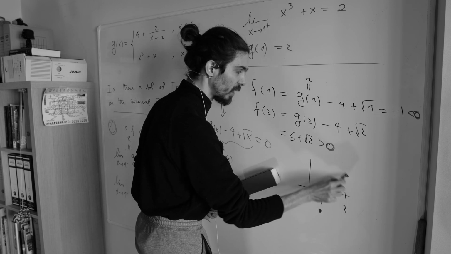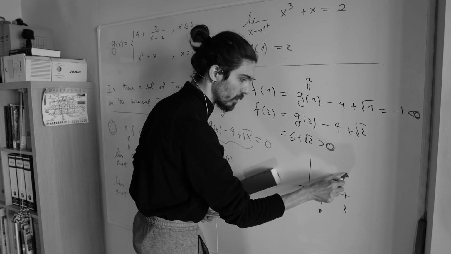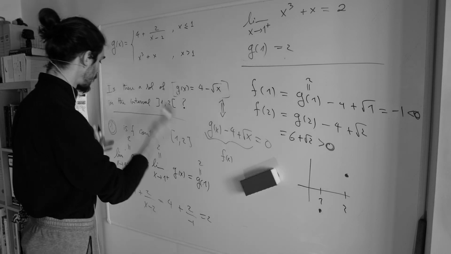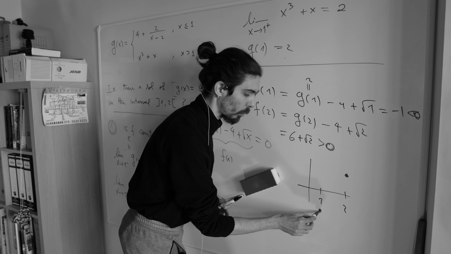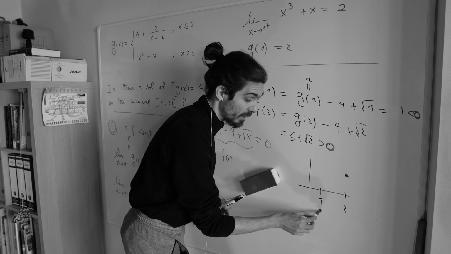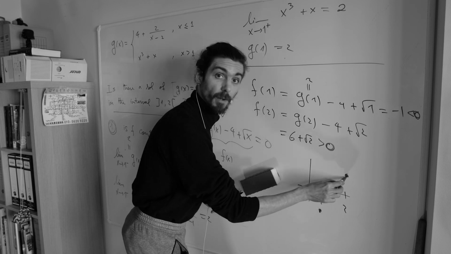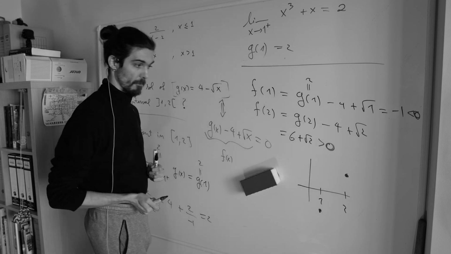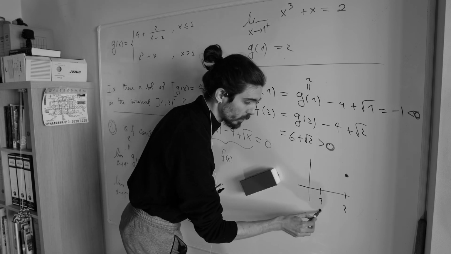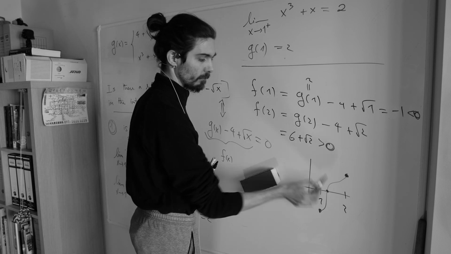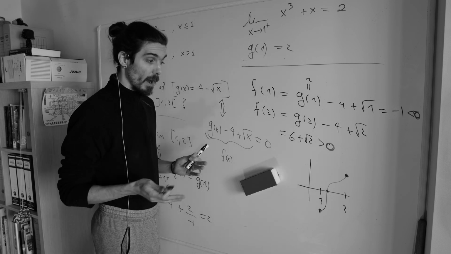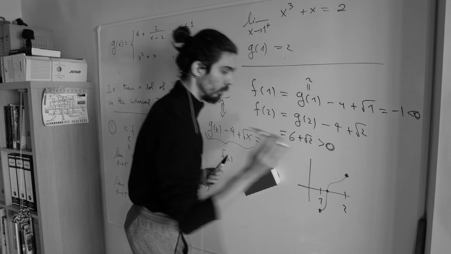So we have just computed these 2 points. Moreover, we know that f is continuous. So if I draw the f function and connect this point to this point, because they both belong to f, I have to cross the horizontal axis somewhere between 1 and 2.